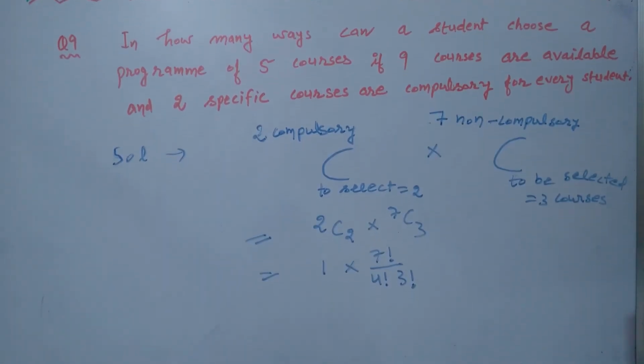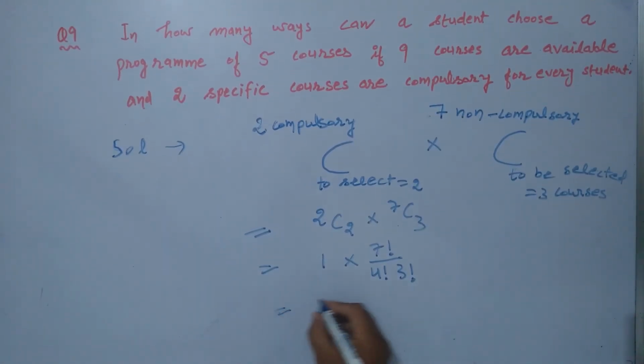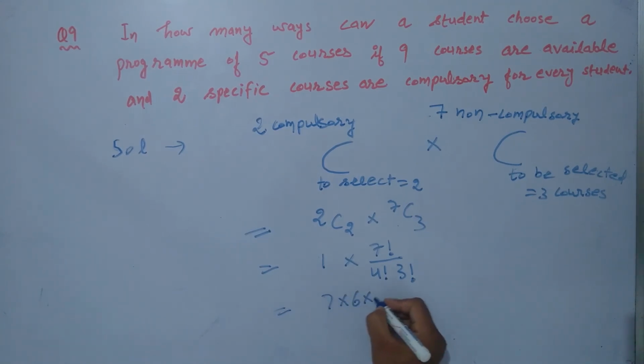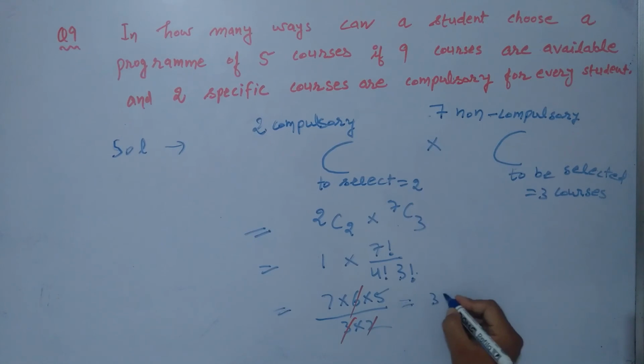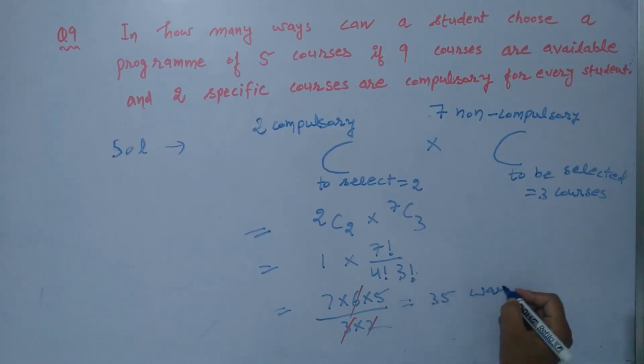So this is equal to 7 into 6 into 5, 4 factorial cancelled, 3 factorial means 3 into 2. So 3 into 2 means 6 cancelled. So 7 into 5, 35 ways.